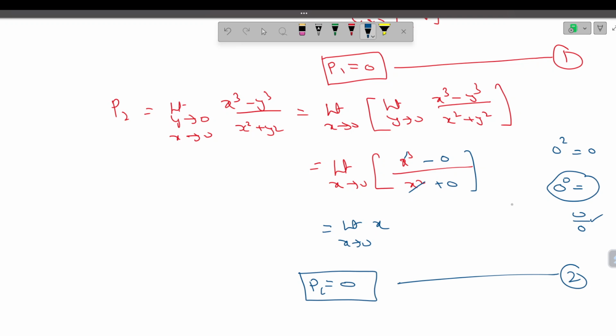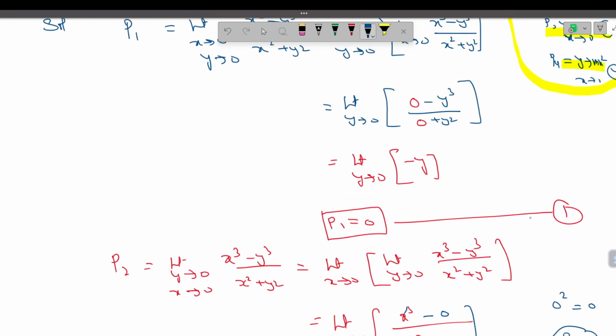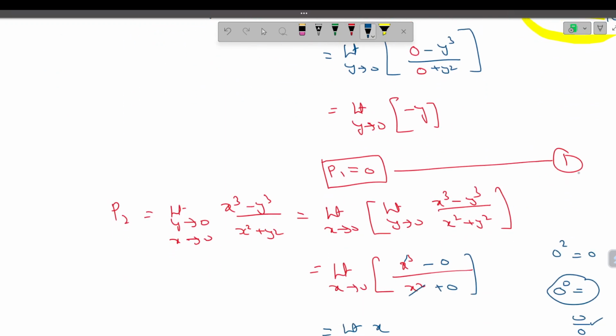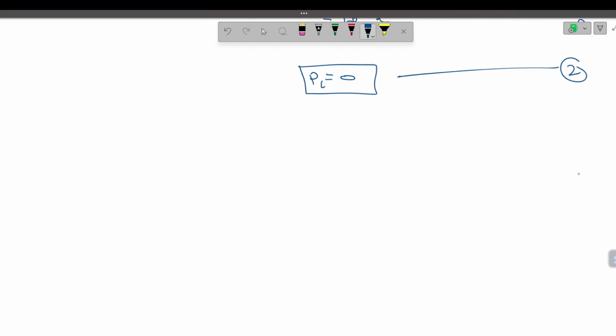You see, P1 equals 0 and P2 equals 0, but we are not done. We have to go along the line and along the curve. If those are also equal to 0, then all four are equal. Now we go for P3. What is P3? The limit along the line y equals mx, x tends to 0.